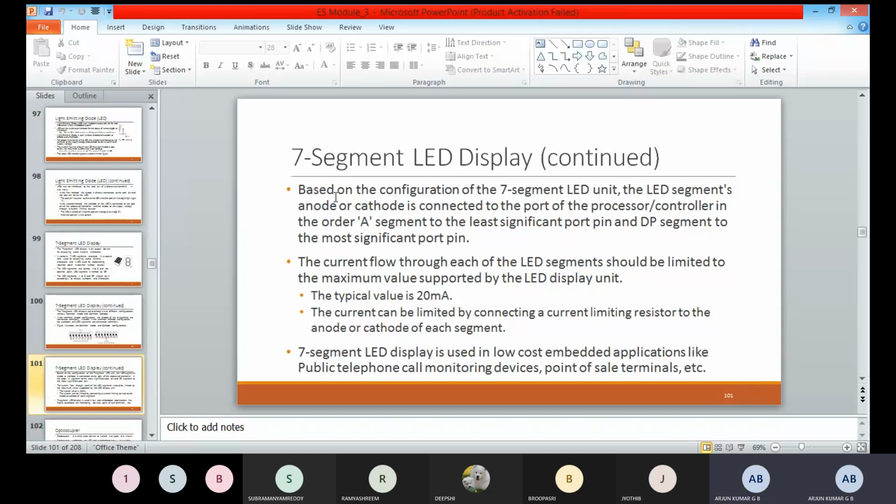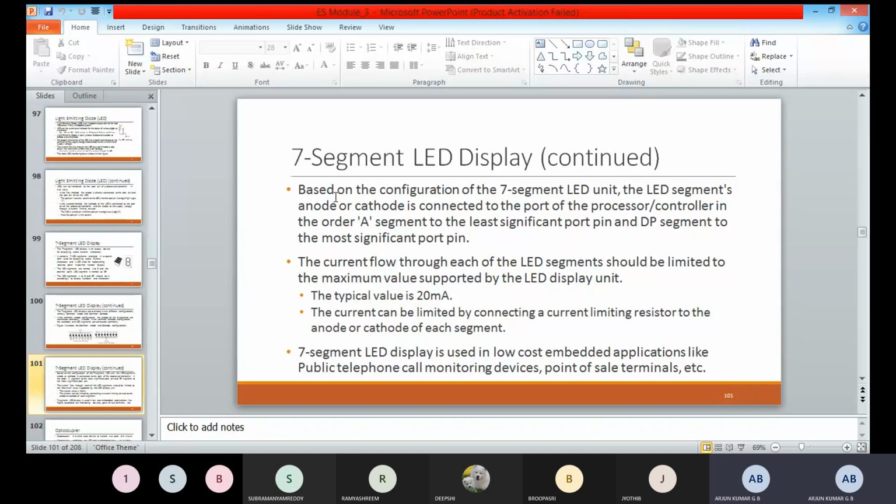That's why segment A goes to the least significant bit, the LSB, and the DP segment should be connected to the most significant port pin.